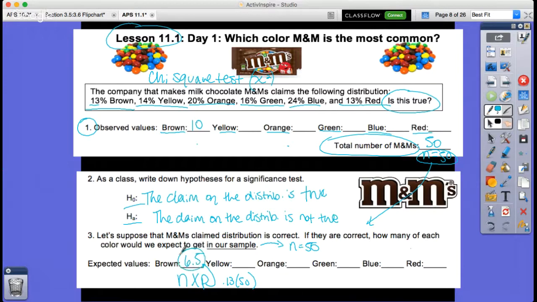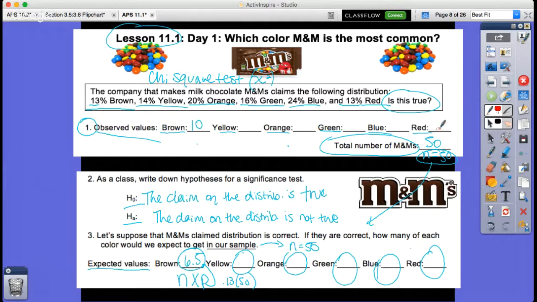So I would expect 6.5 brown M&Ms, and so on. This is the expected value, and the number up here is called my observed value. That's very, very important.